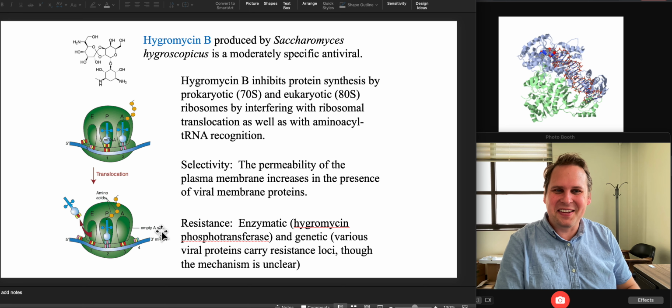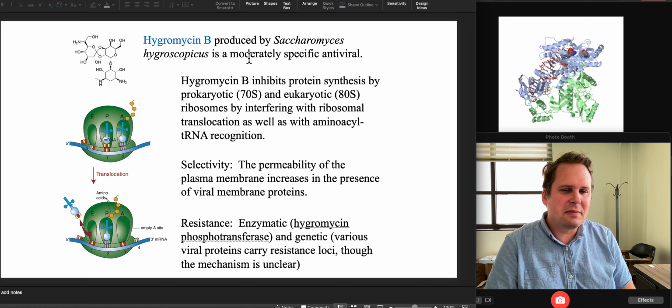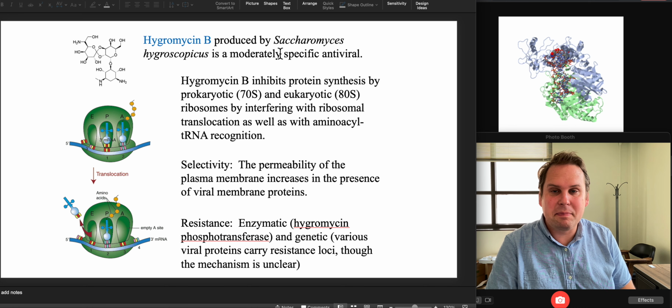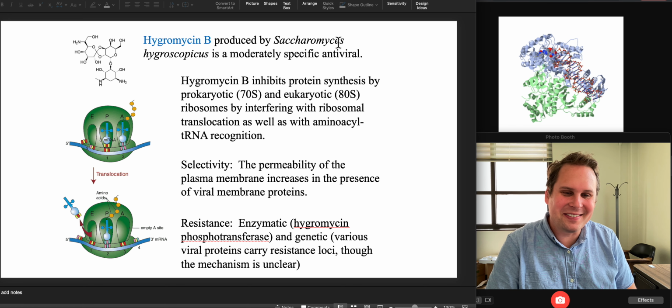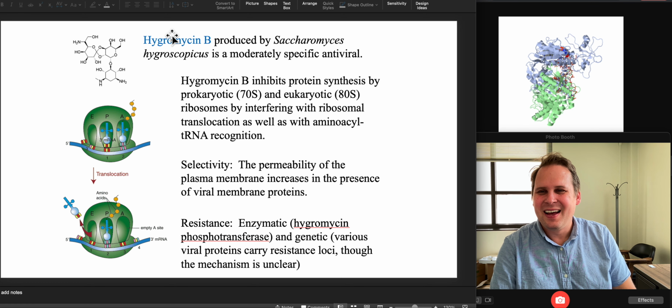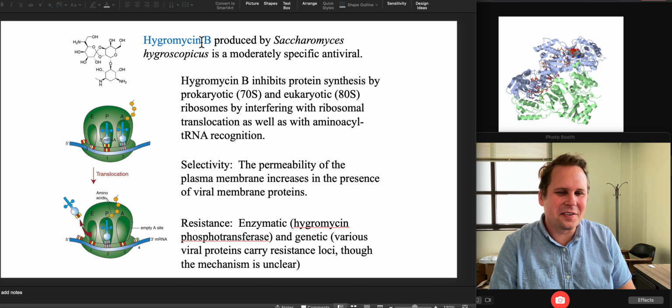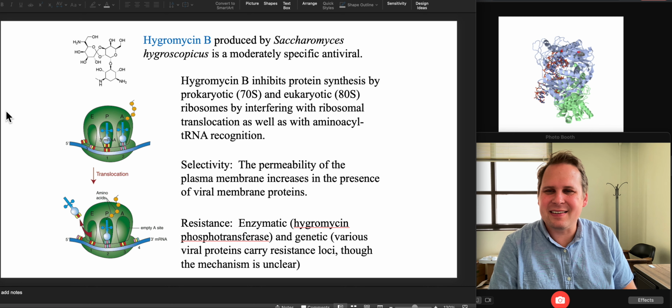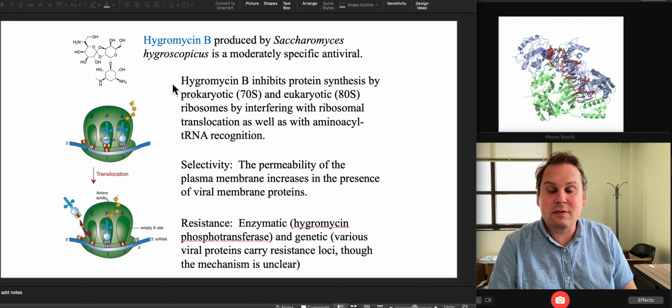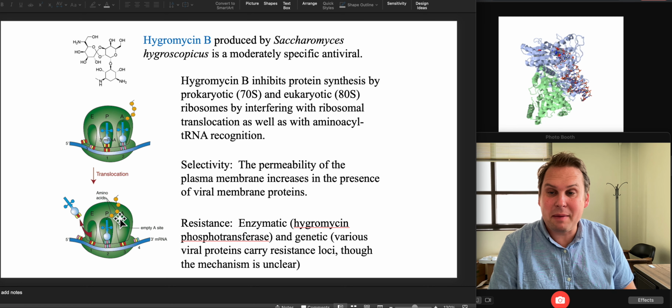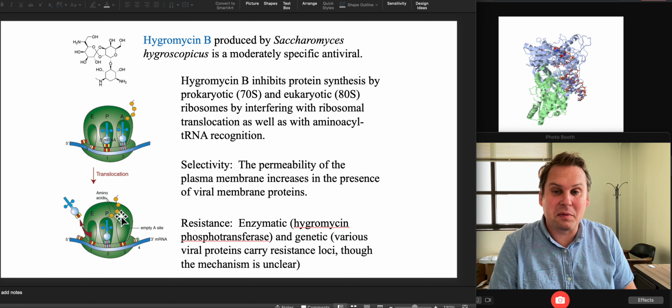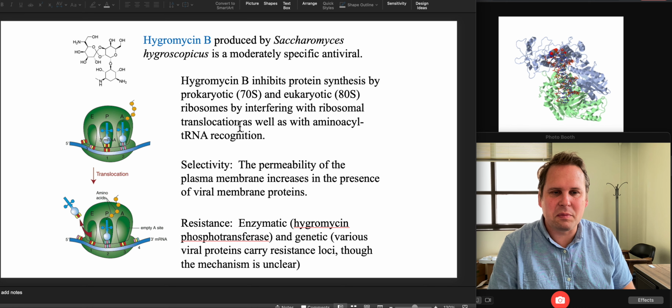Here's one. This is kind of an intermediate case. So hygromycin B is also made by a Saccharomyces, because of course it is. There's a lot of these omycins made by Saccharomyces. It's going to inhibit synthesis by the ribosomes. And so once again, it's going to interfere with prokaryote and eukaryote ribosomes.